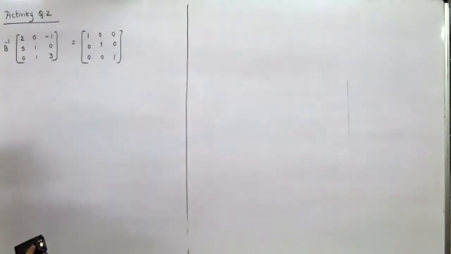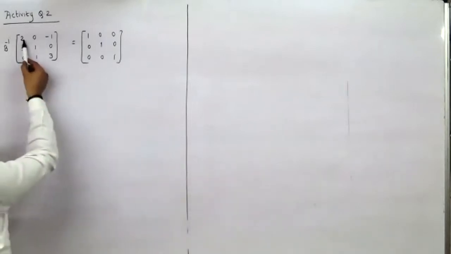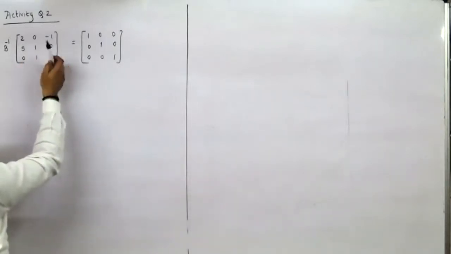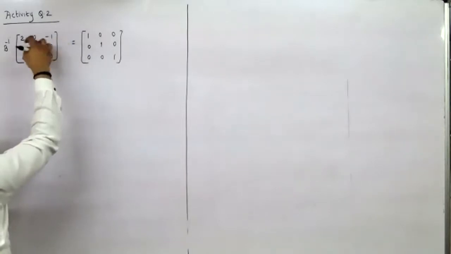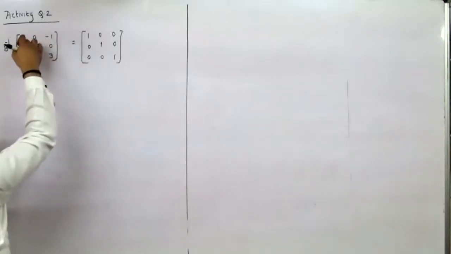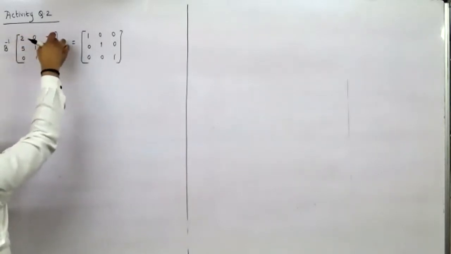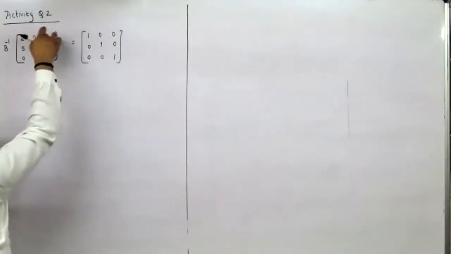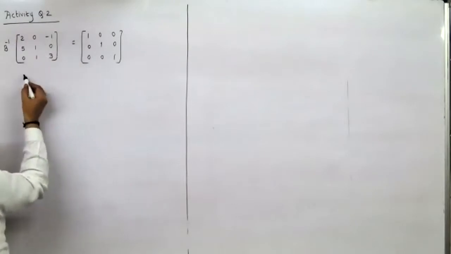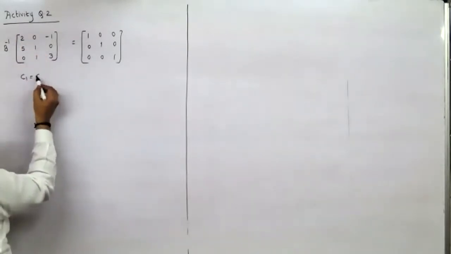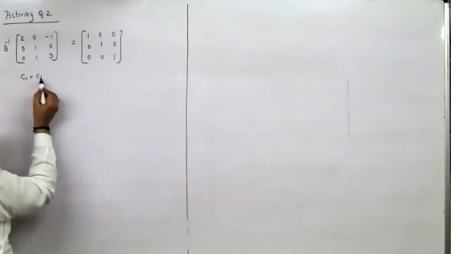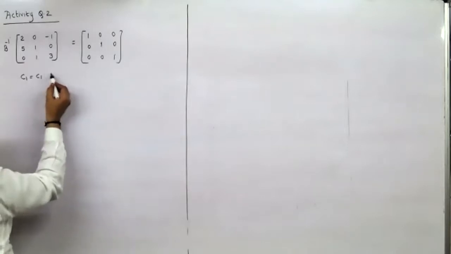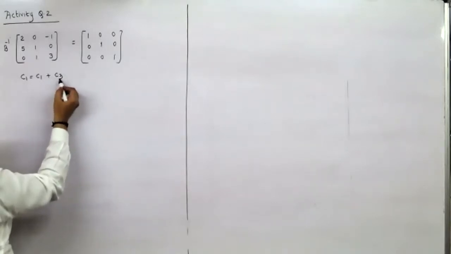Now, how do you make use of column transformation here? First of all, this is 2. This is minus 1. I know that if I add the 2, I'll get 1. So C1 and C3, if I add, I'll get 1 here. 2 minus 1 would give me 1. So I'll write here, my C1 is C1 plus C3.